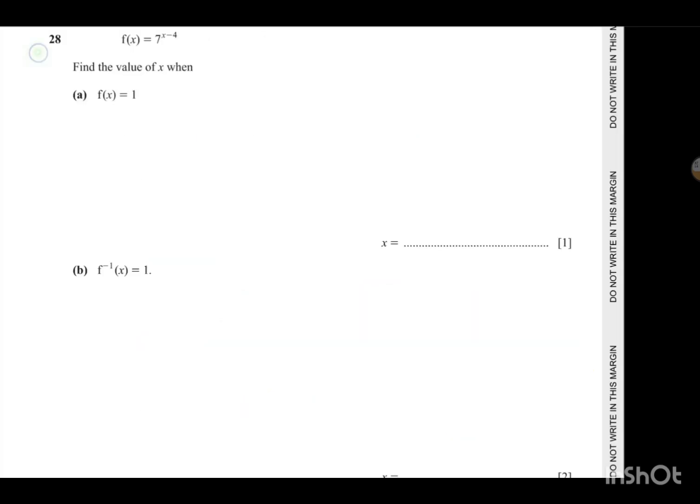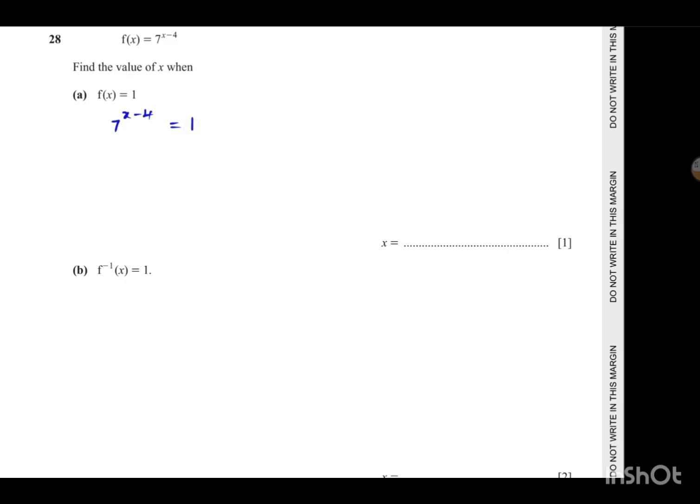Question number 28. f of x is 7 raised to x minus 4. Find the value of x when, in question A they are asking f of x is equal to 1. So f of x is already given to us, that is 7 raised to x minus 4, that you take as 1.